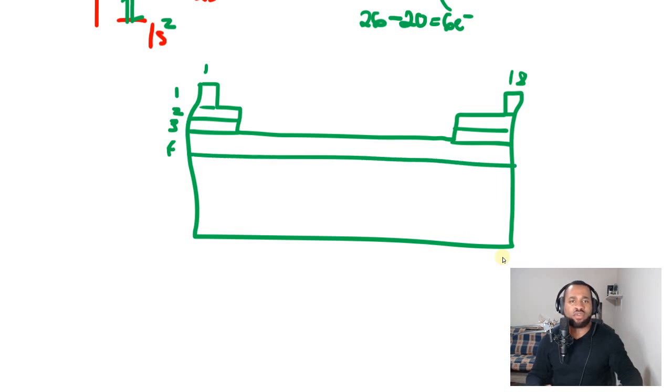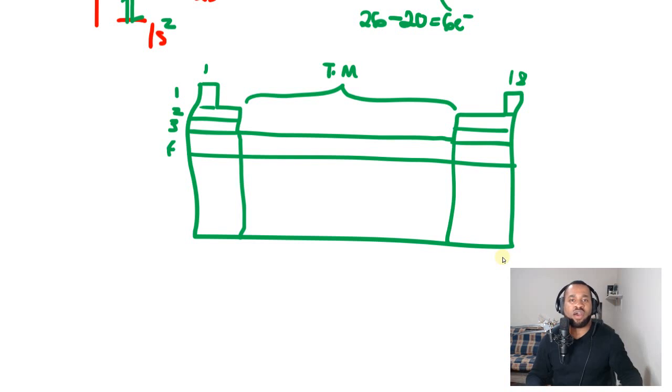But hey, take note, in between group 2 and group 13 is the d region, which is the transition metals. So the transition metals are around here.